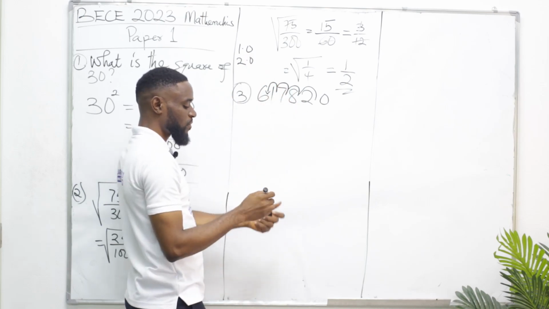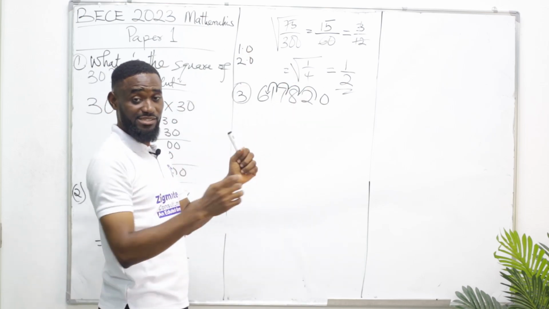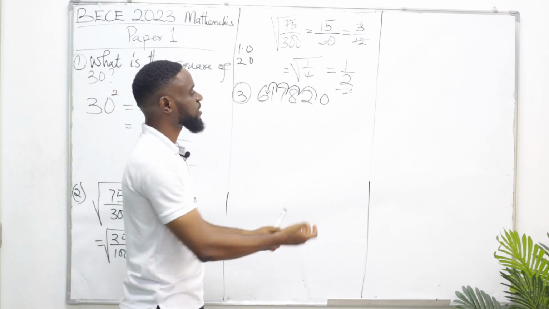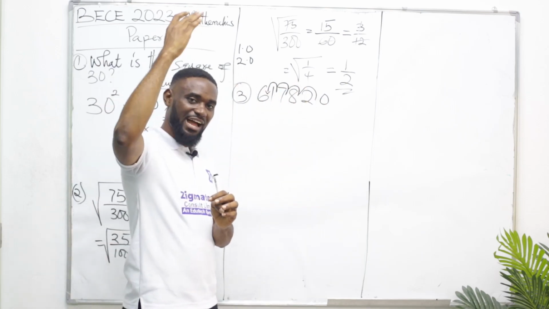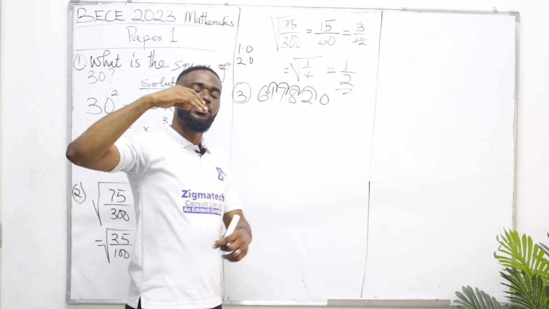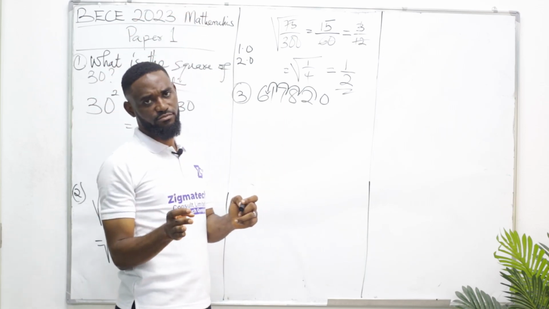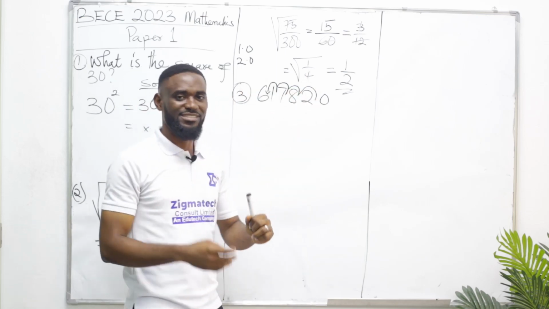Is that okay now? Now, when we are counting backward, in standard form, when we are counting from the right to the left, our exponential, our index, is always positive. But when we are counting from left to right, it is negative.